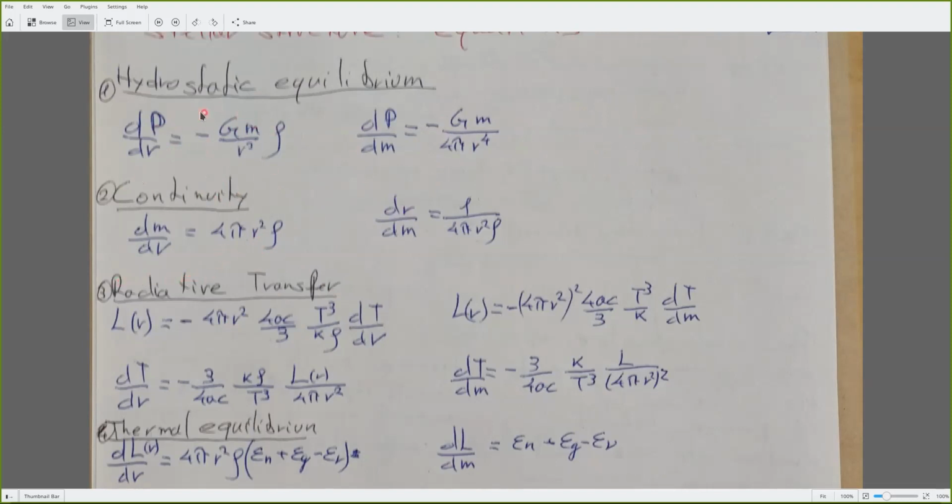As a suggestion on how to remember this formula, you know that it depends here on the gradient of the pressure. On the other side, minus the gravitational acceleration, G by mass divided by r squared, and this is the density.